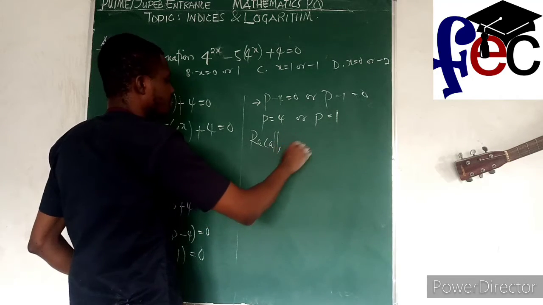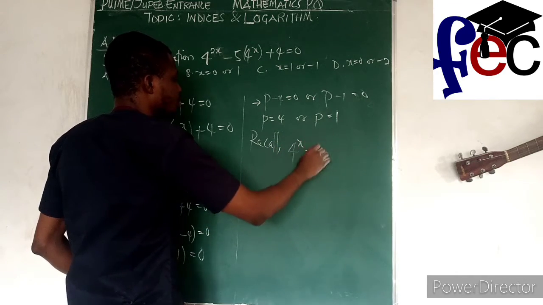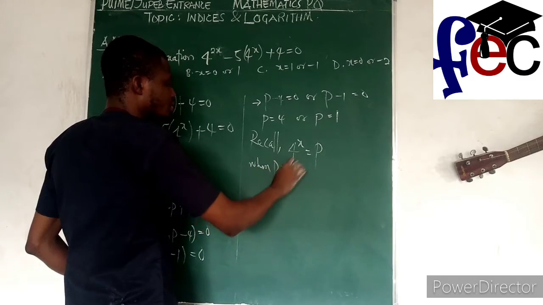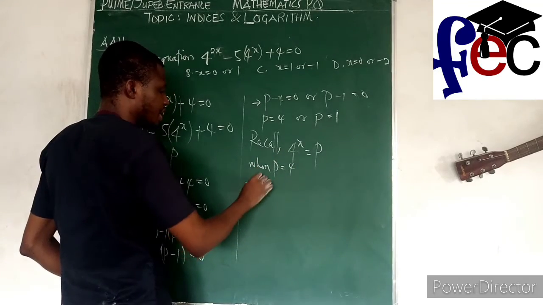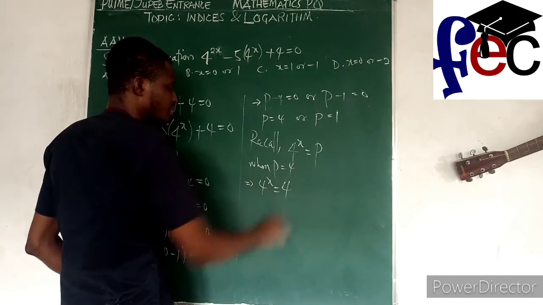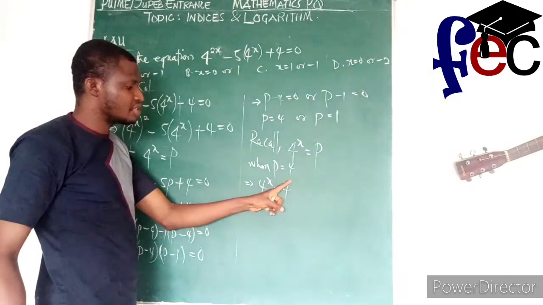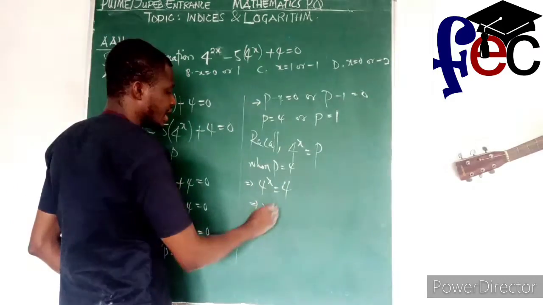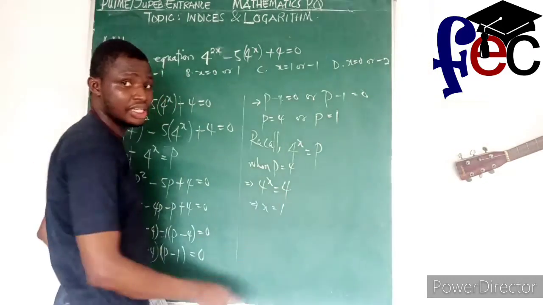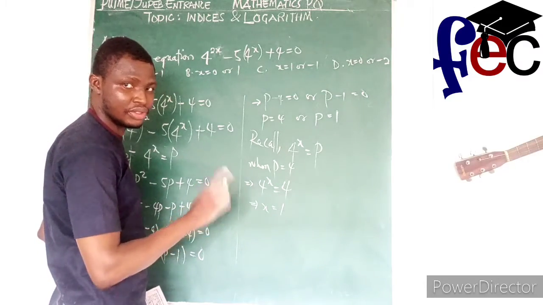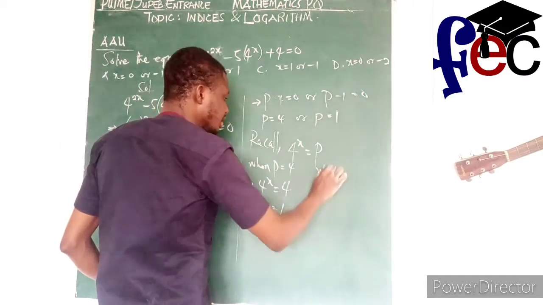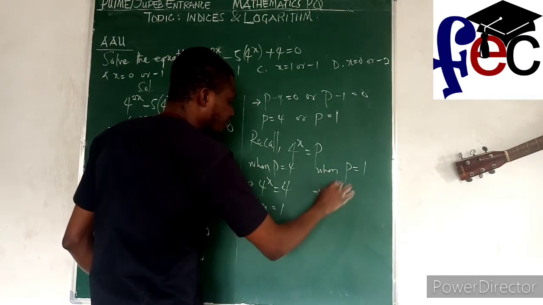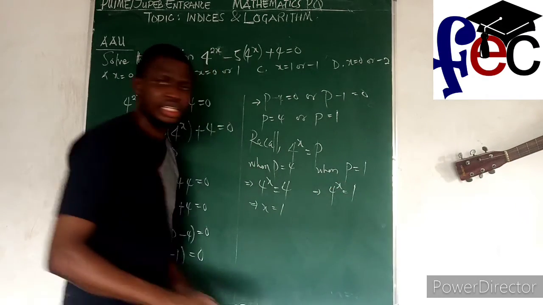that 4 raised to power x equal to what? p. So that when p is equal to 4, what can we say? It implies that 4 raised to power x becomes 4. And what is the index of 4 here? It's 1. So that I can infer that my x will be 1 because the bases are the same. You understand? When p equal to 1, then I can also infer that 4 raised to power x equal to 1.